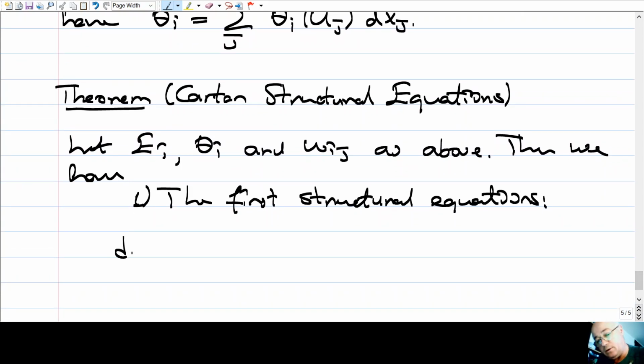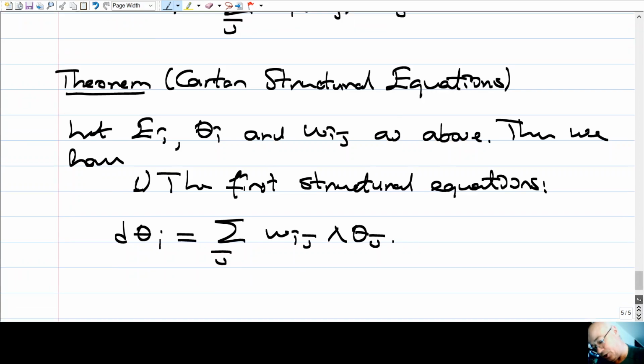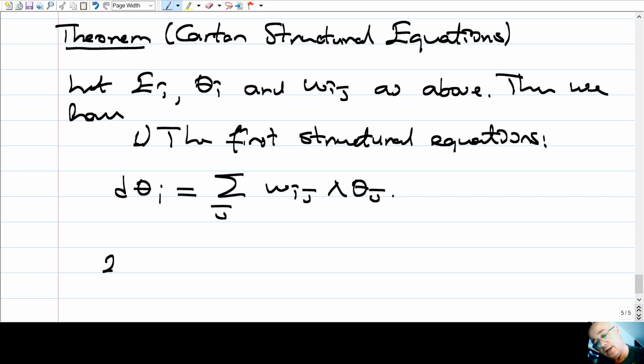They give us derivatives of the dual one forms, and these are given like this: I take connection one forms and then wedge them with the theta_j's.